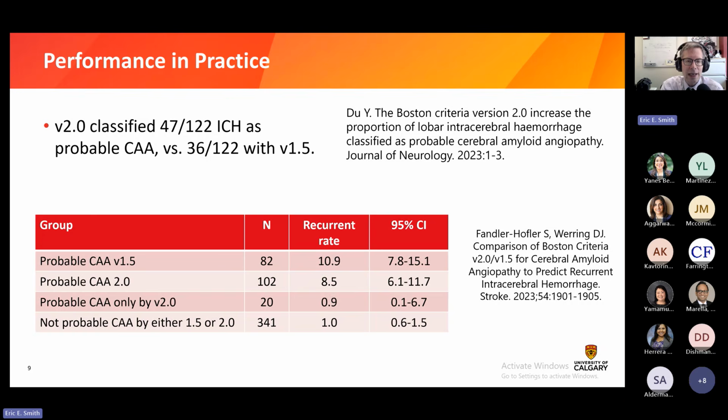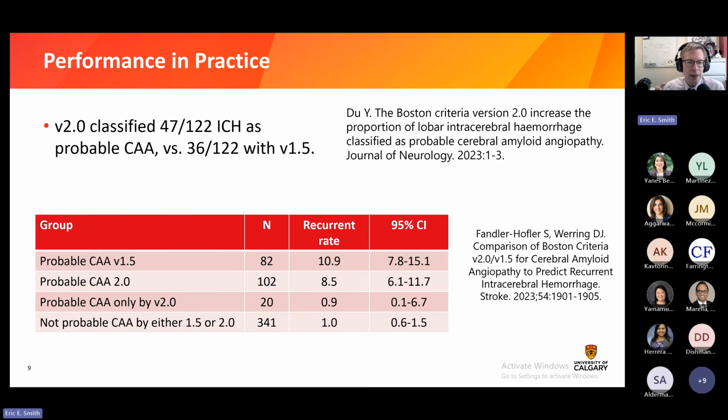Now, it's interesting, the gain in sensitivity might come with some changes in the prognostic significance of the criteria. This was shown in a single center cohort study by David Werring's group at University College London.